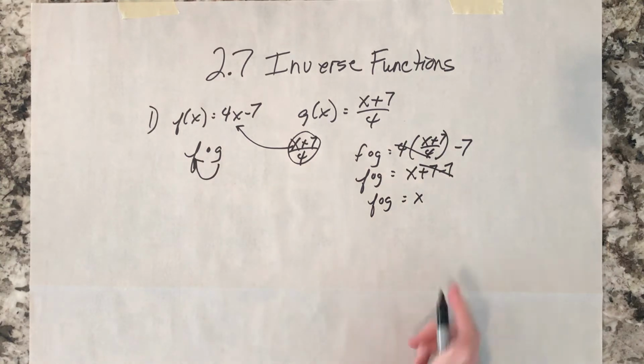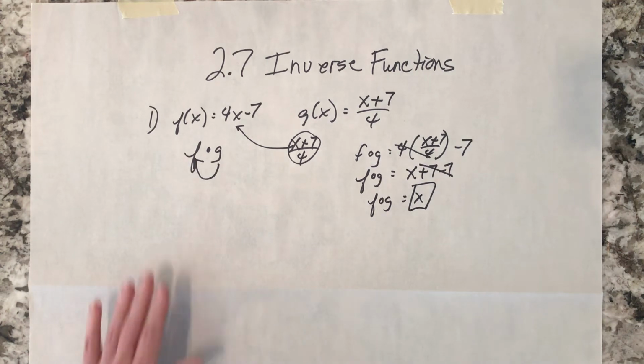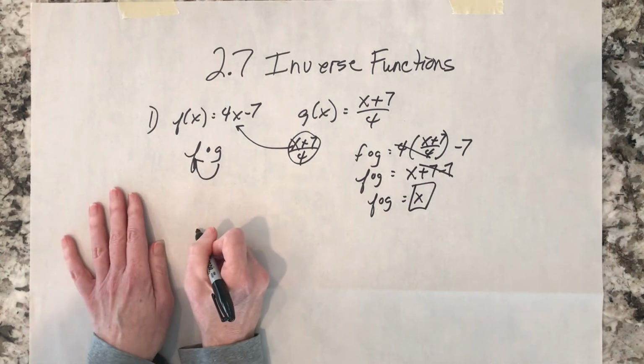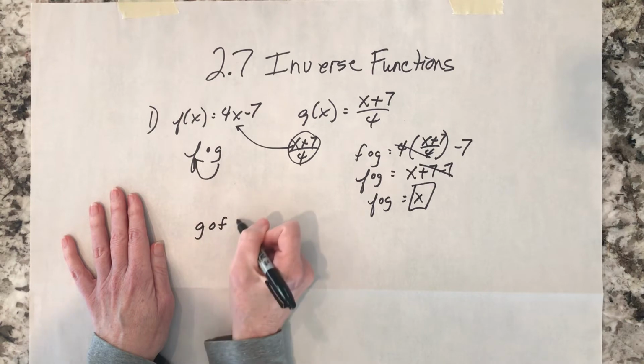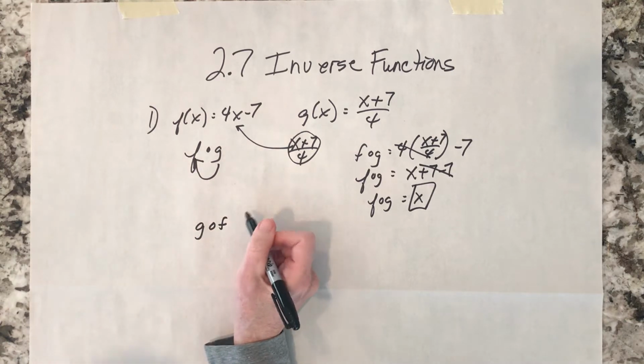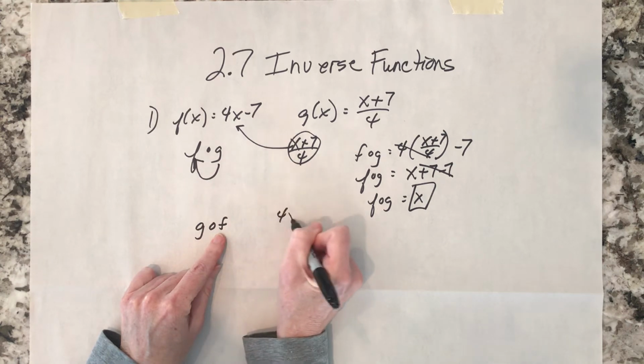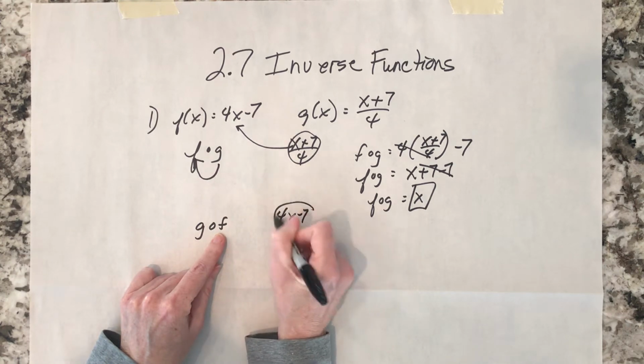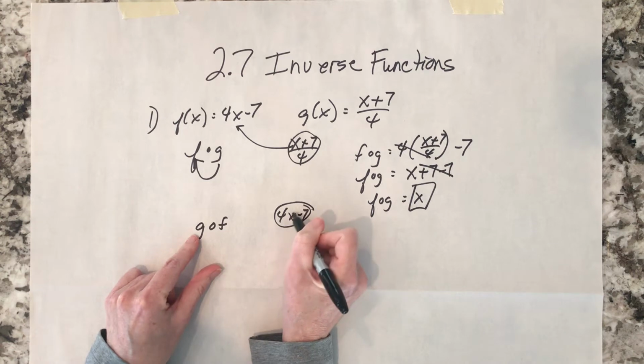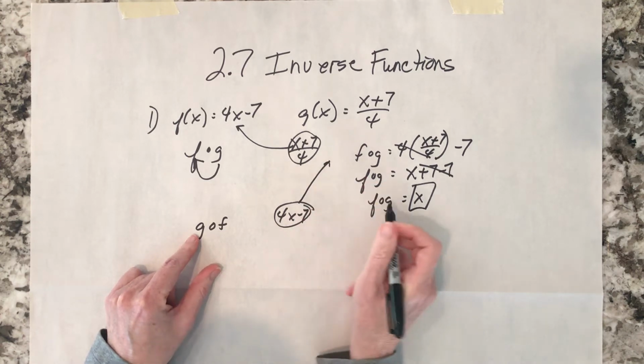That's a big deal, that x. Let's hang on to that. Notice that that's an x. Then they ask us to do sort of the flip of that. G composed of f. So that means start with the f function. That's 4x minus 7. And now we want to take it and put it into the g function.